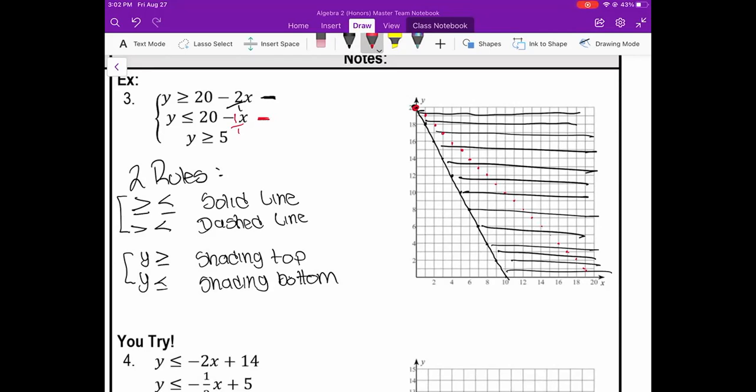Because it has an equal sign, I'm going to use a solid line. And it's less than, which means I'm going to shade the bottom part of the line, only the bottom part of the red line.